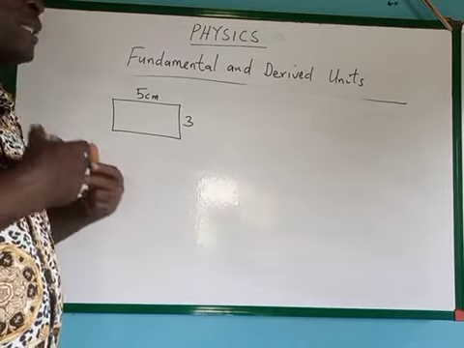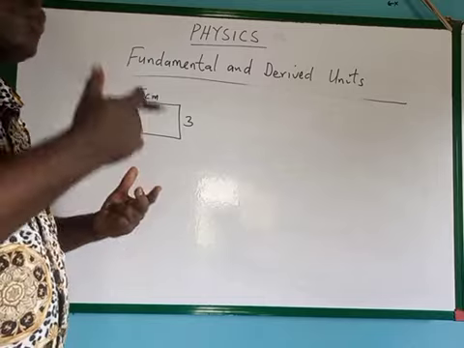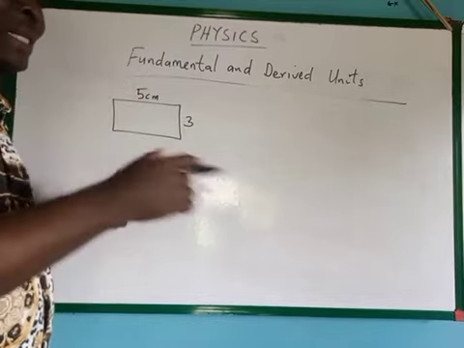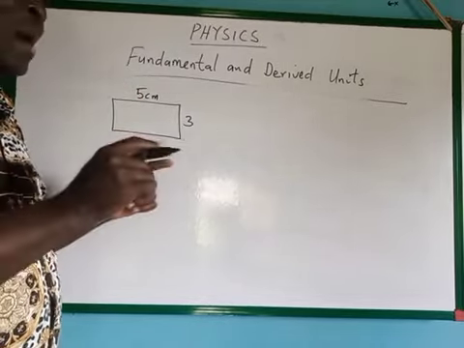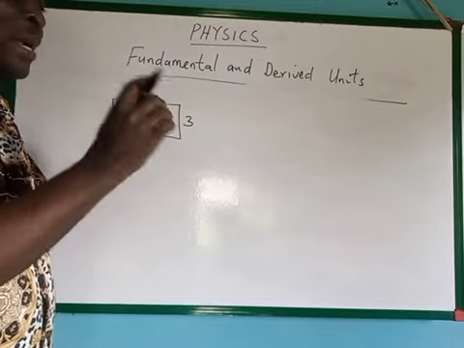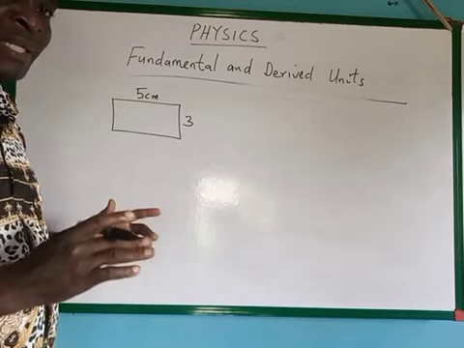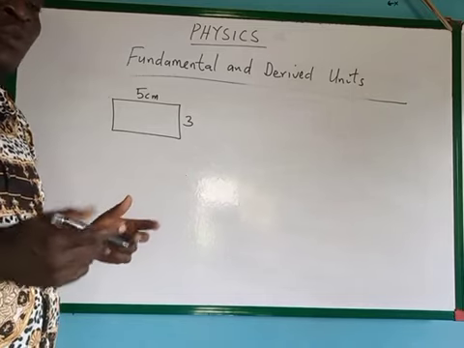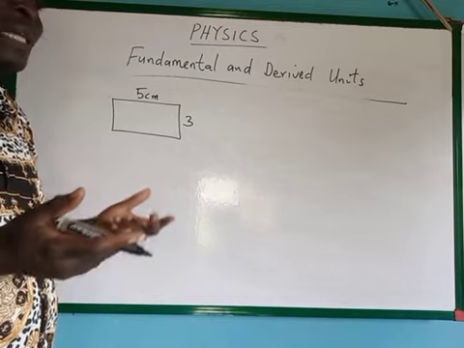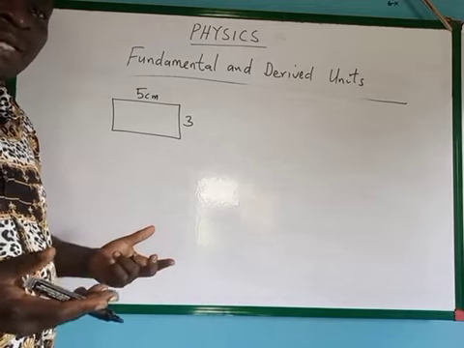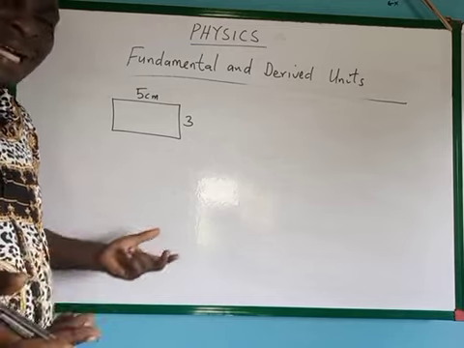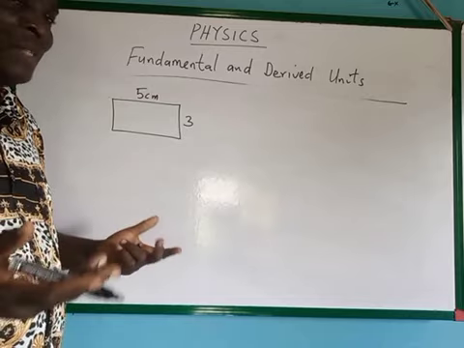So if you tell me tomorrow, go and draw that rectangle, let the length be 5 centimeters, I will know where to put my ruler, where to mark, and where to get the end of that length. But if you just say 5, it will confuse me because I will not know if you are talking about 5 kilometers or 5 meters or 5 millimeters or 5 centimeters.